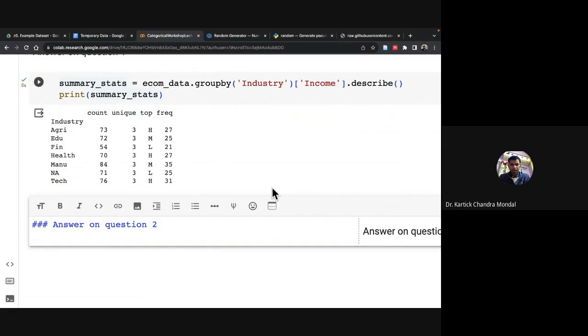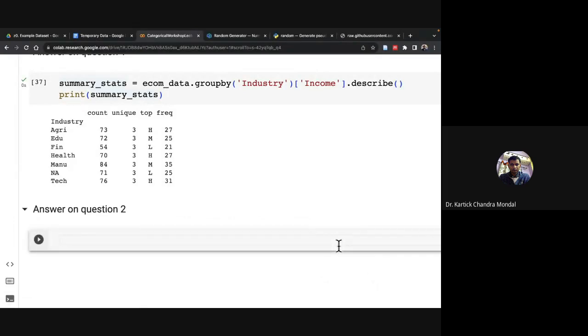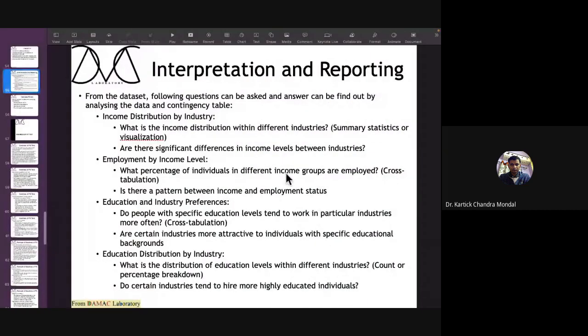Answer of question 2, how you can get it by using cross tabulation, or we call it contingency table. There is a cross tab available in Pandas. Which attributes do you need for this cross tab? Income and employment.